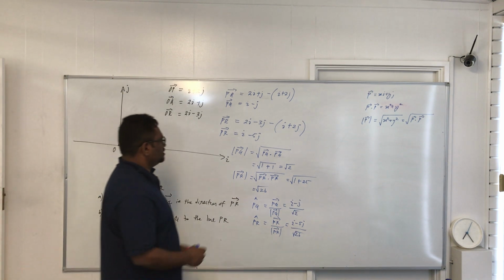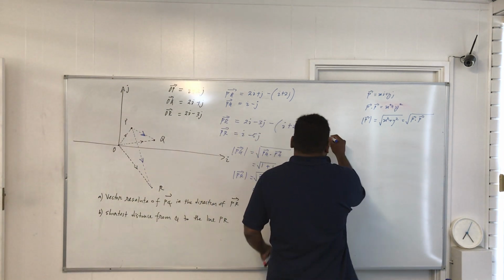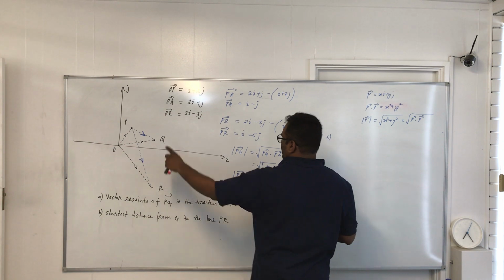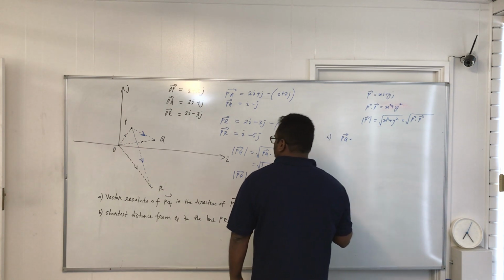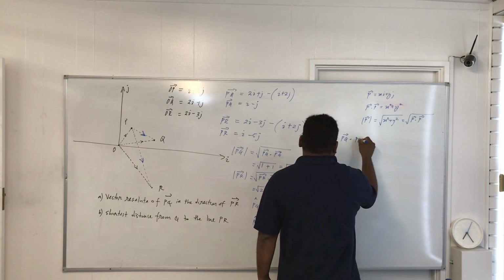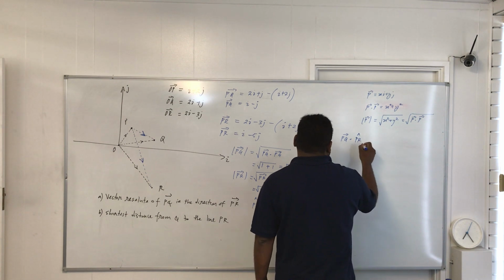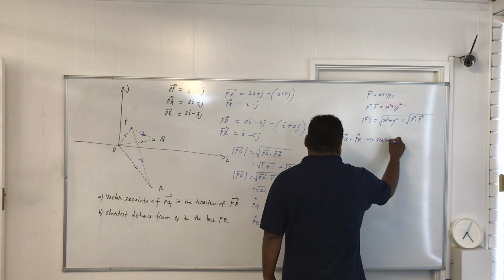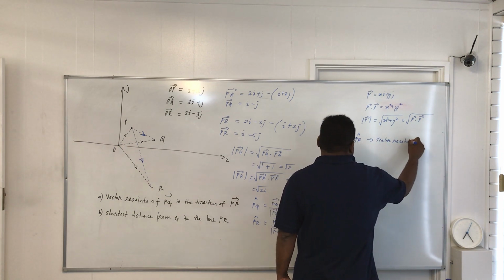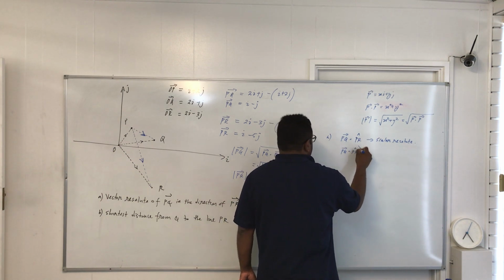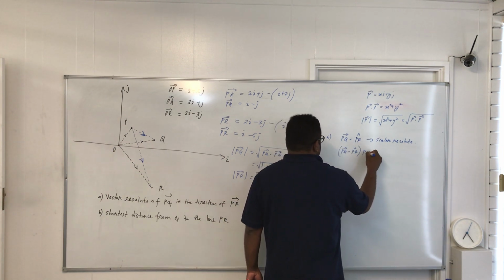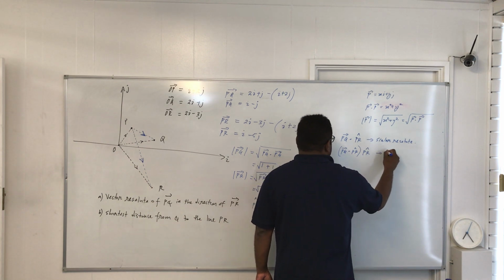So the scalar resolute would be PQ vector dot PR hat. And the vector resolute would be PQ dot PR hat, and that is your vector resolute.